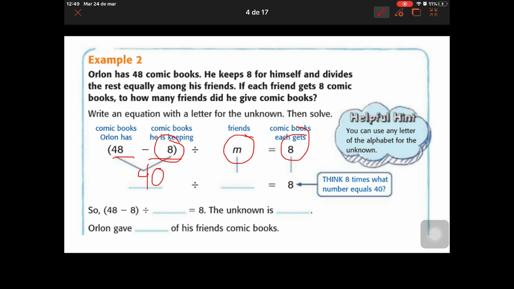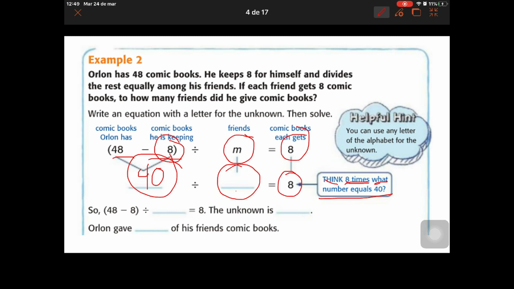And all of that, we're gonna divide among I don't know how many friends. This is what we want to know. We're gonna think, 8 times what number equals 40? If we multiply 8, I don't know how many times, what is the result if we wanted to have the 40 over there?